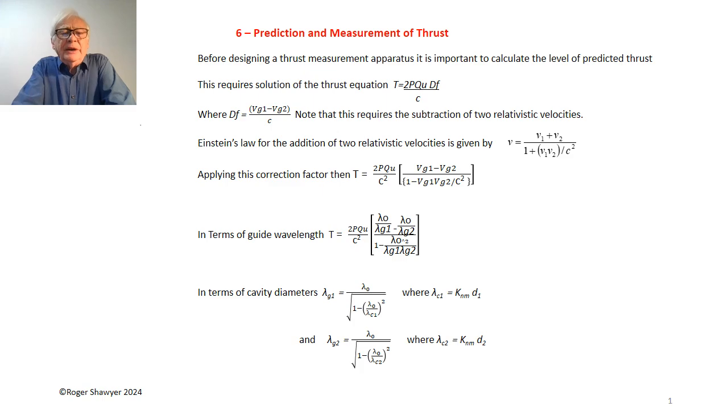And similarly, we can calculate lambda G2, where lambda C2 is the cutoff wavelength at the small end, D2.